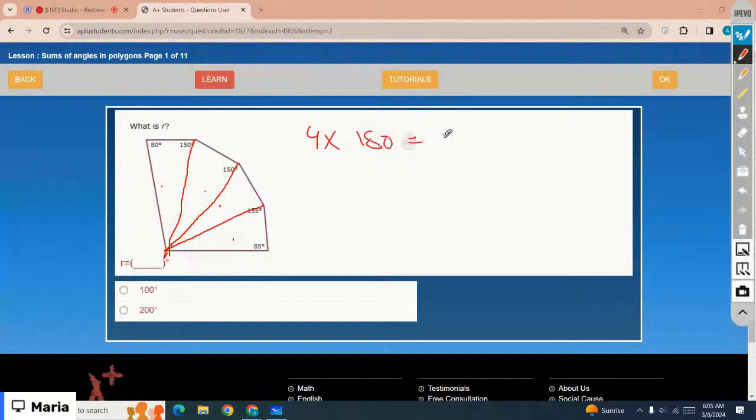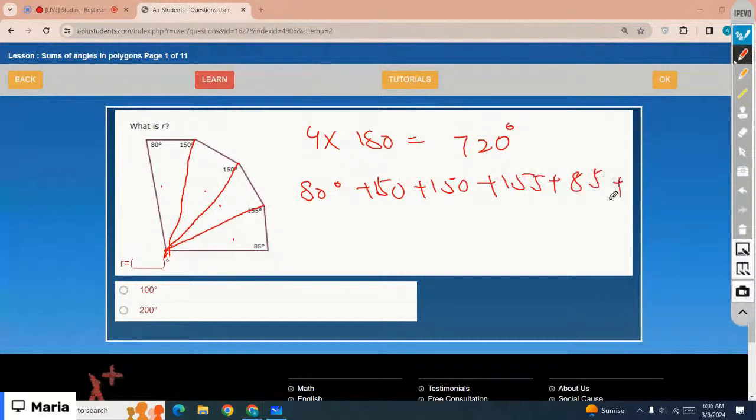4 times 180, that is 720 degrees, right? So that is 80 degrees plus 150 plus 150 plus 155 plus 85 plus R, which you have to find. The sum is 720, right? Let me add them all: 80 plus 150 plus 150 plus 155 plus 85.